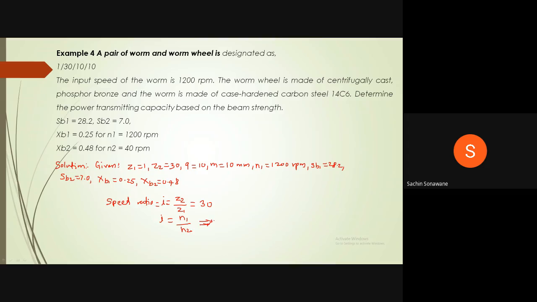Therefore, N2 is equal to N1 divided by I, which is 1200 divided by 30. Therefore, N2 is equal to 40 rpm.